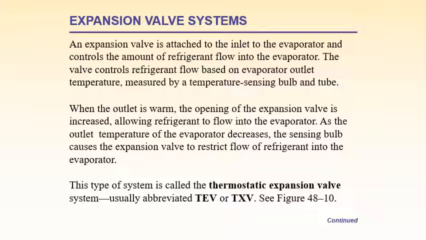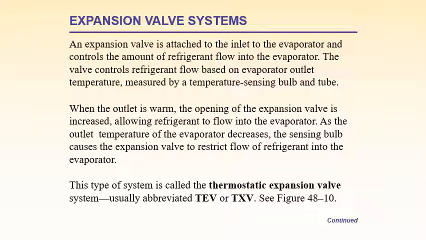A large amount of air flows over the evaporator, and due to this a large amount of heat interaction takes place between the air which is to be cooled and the refrigerant in the evaporator. Due to this, the temperature of the refrigerant leaving at the outlet of the evaporator increases, and this is measured by the temperature sensing bulb, and according to it the valve controls the refrigerant flow into the evaporator.